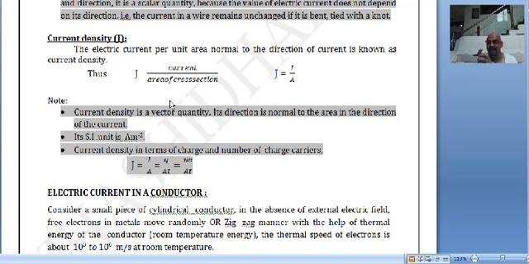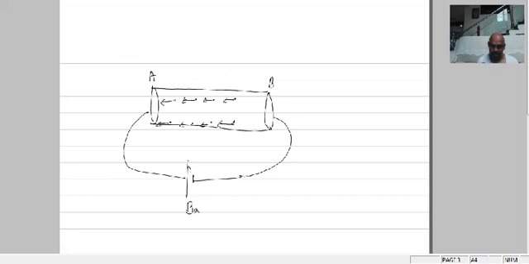It is always normal to the surface, normal to the area, in the direction of current, and the SI unit is ampere per meter square. If you want a little more clarity over that, listen.